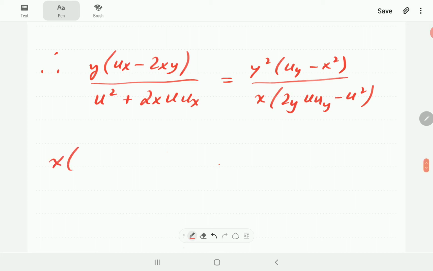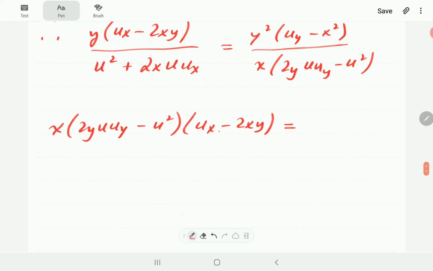So we're going to have x into 2y uy minus u squared ux minus 2xy. That's going to be our left hand side, and then on the right hand side we're now going to have y into uy minus x squared. So that's this term here, then we'll multiply by this term.